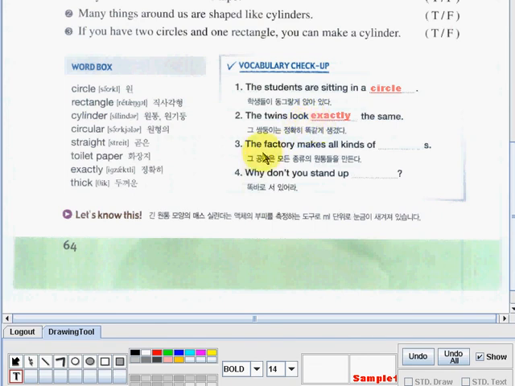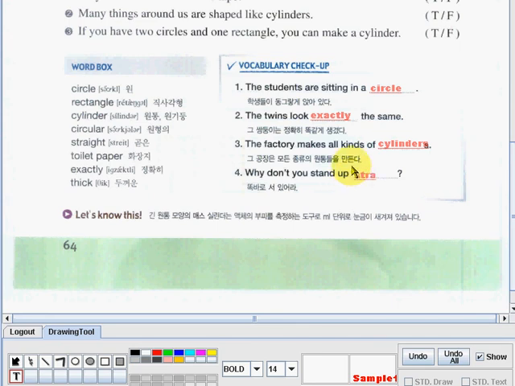Number 3, the factory makes all kinds of blank. What's the missing word in number 3? You're right. It's cylinders. Number 4, why don't you stand up blank? What's the missing word in number 4? That's right.